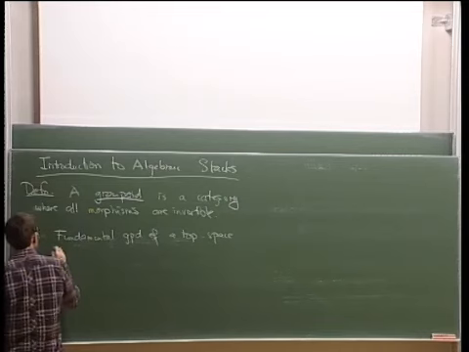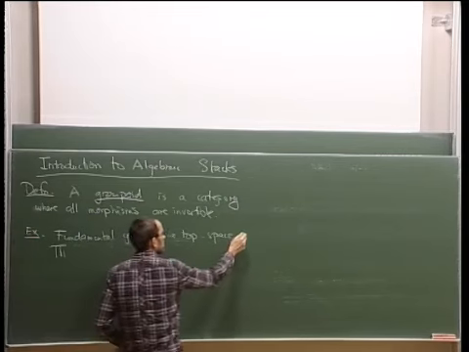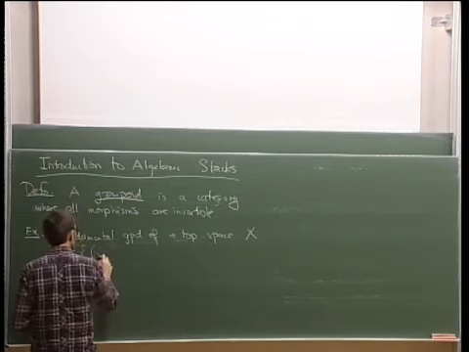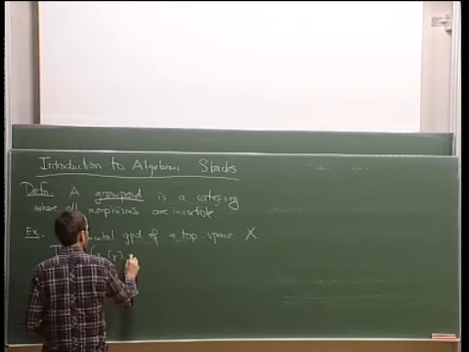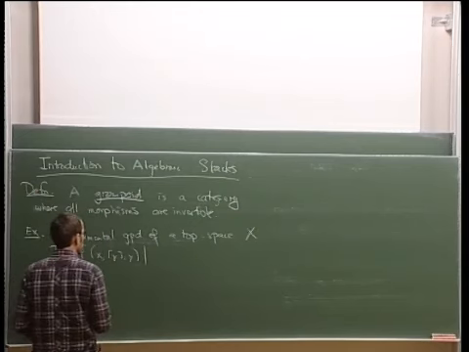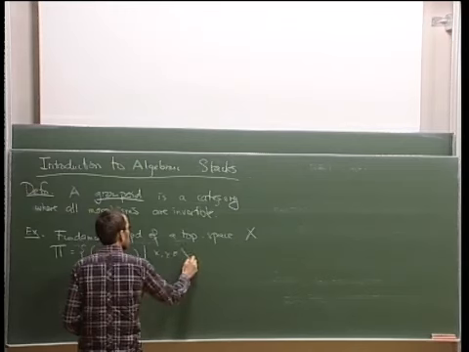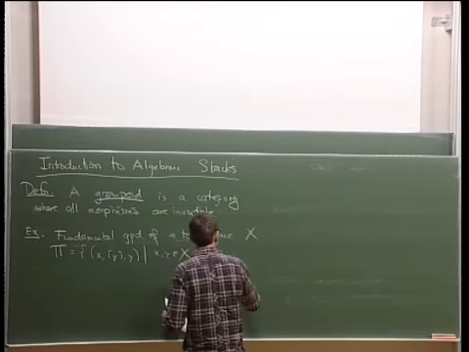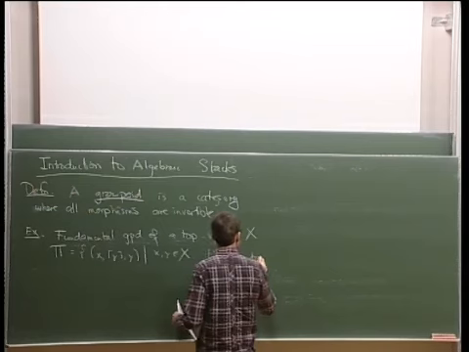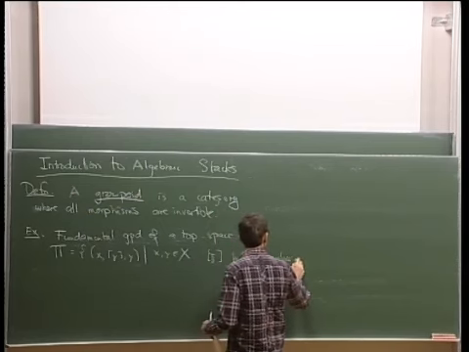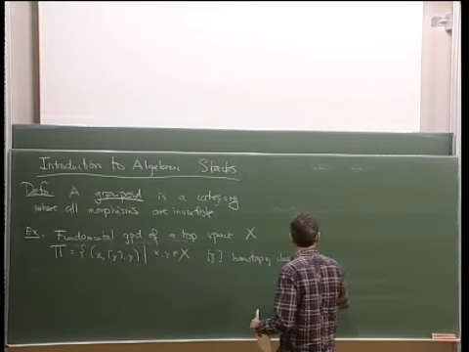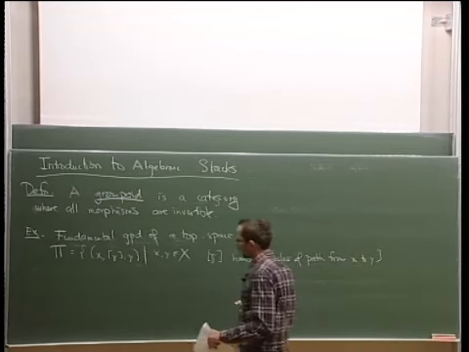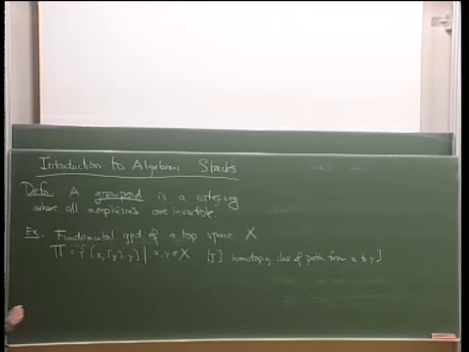Let's call this thing capital Pi. The topological space is X. So that's the set of all triples (X, gamma, Y), where X, Y are points of X, and gamma is a homotopy class of paths.